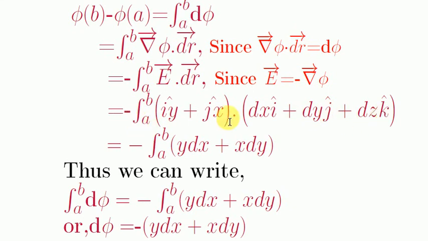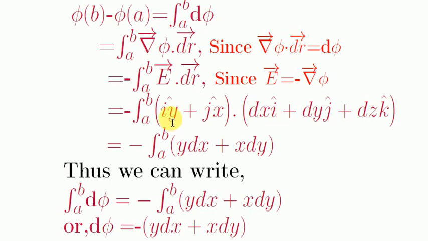So we can write this equation, that phi b minus phi a equal to this, and in the next step we can write minus of integration a to b y dx plus x dy, because if we take the dot product between these two, then we can easily write it, since i dot i gives us 1 and j dot j is 1.